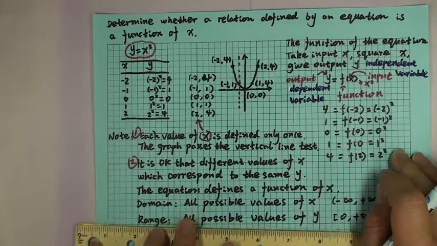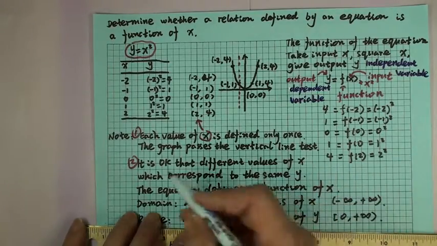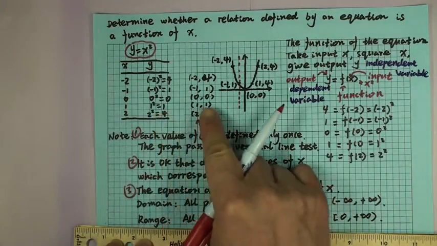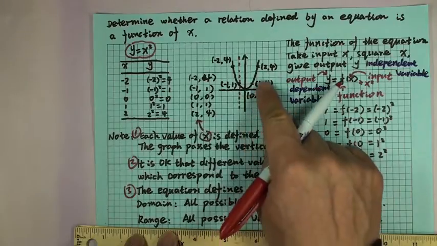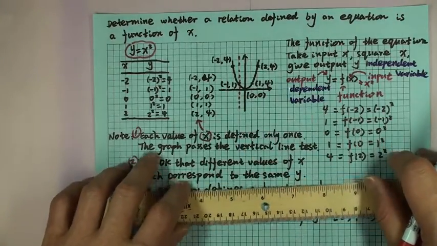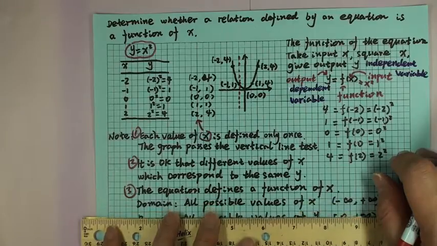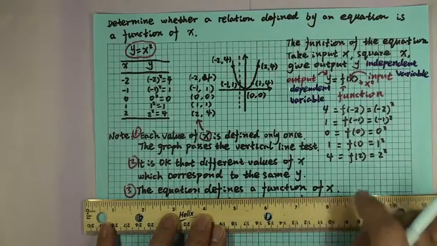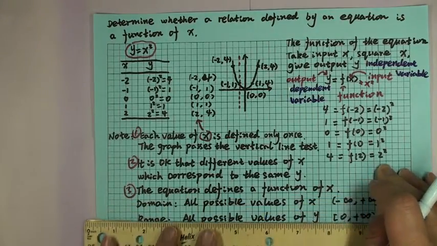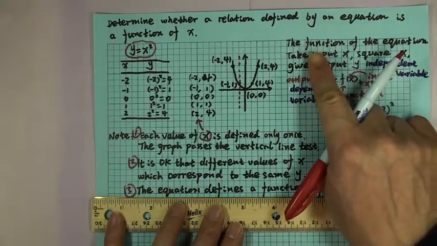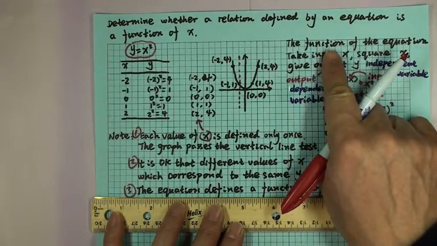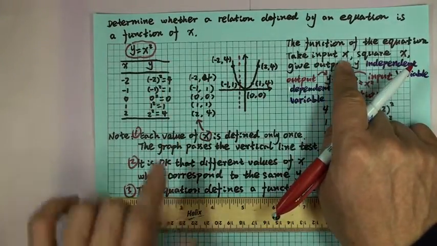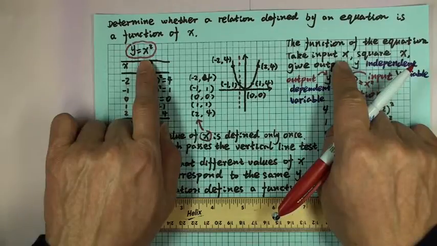Now, we have the points. We have the graph. Now we know the conclusion is that the equation defines a function of x. Now, here the function of this equation is actually to take the input. x we call the input.